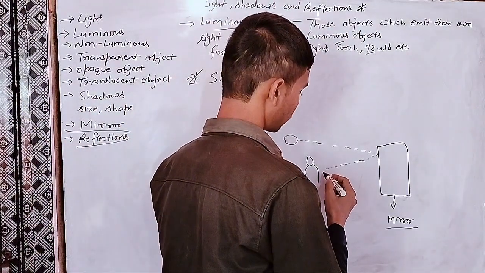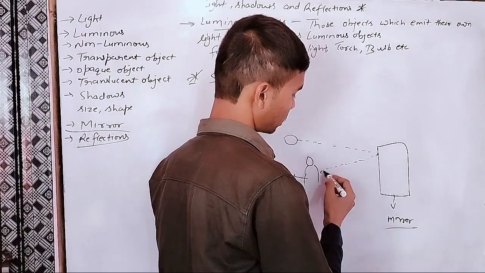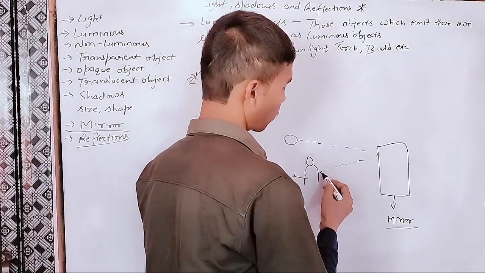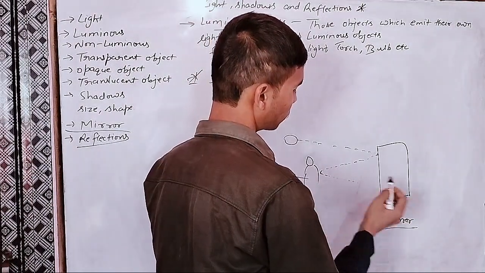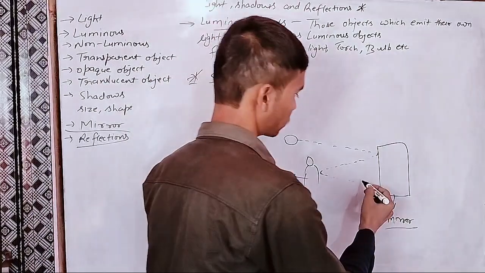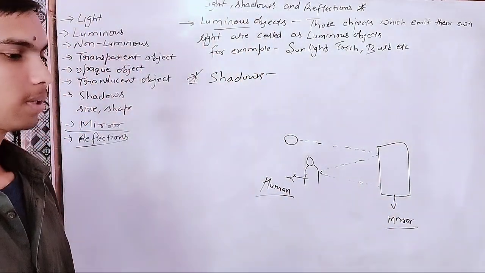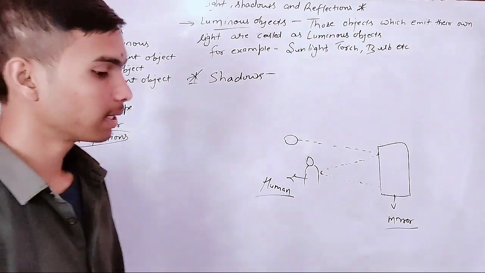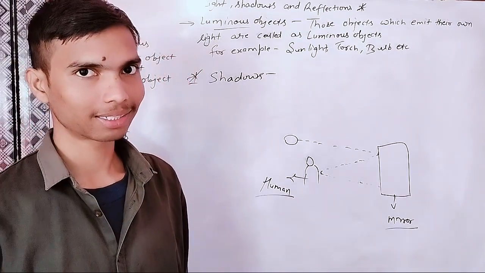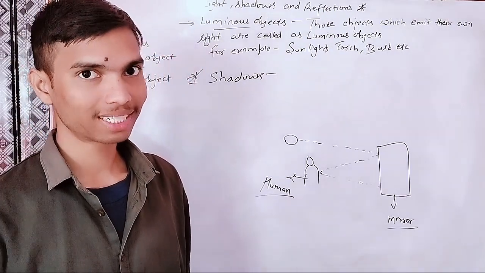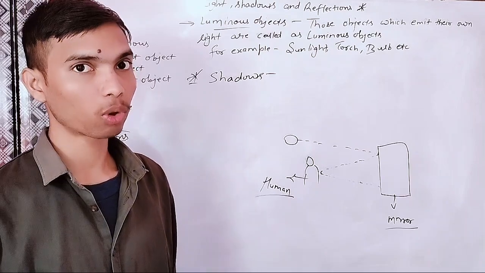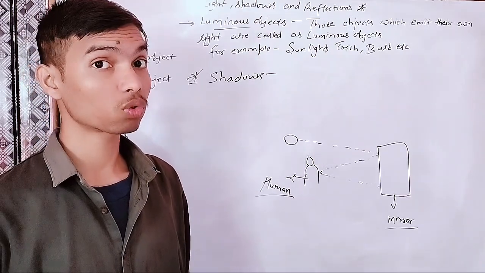So can we say that this reflected ray will turn into another direction as well, like this. Here we are looking at a reflection of light. It happens because of an opaque object.